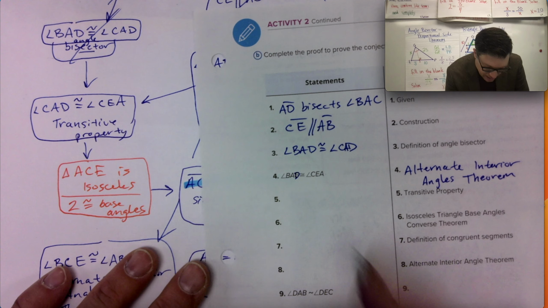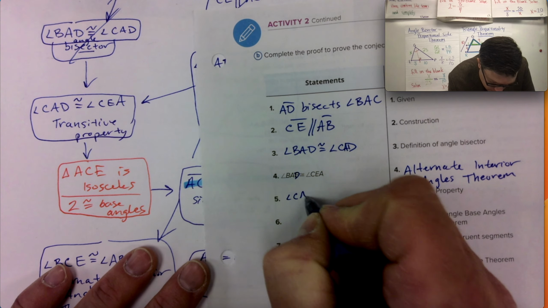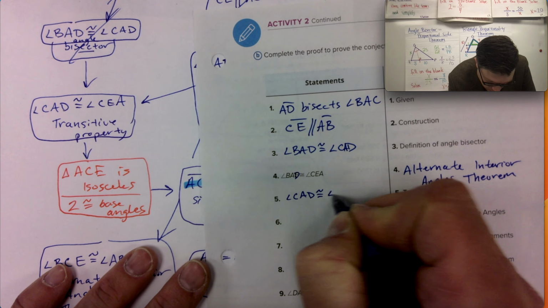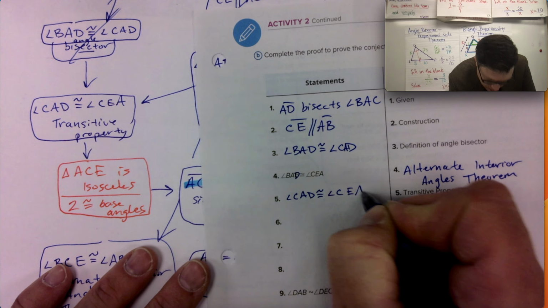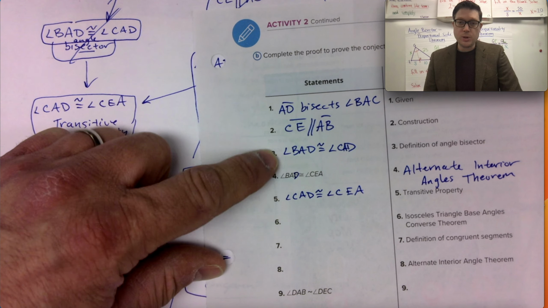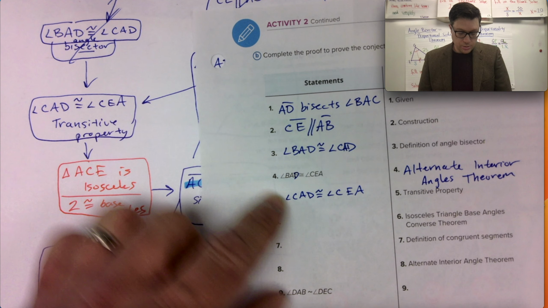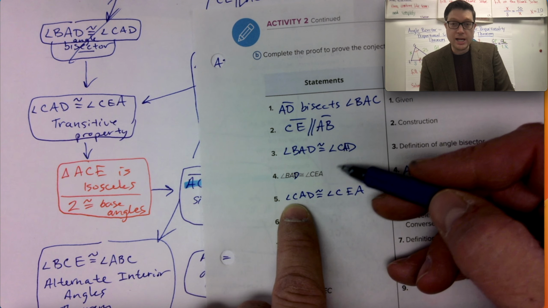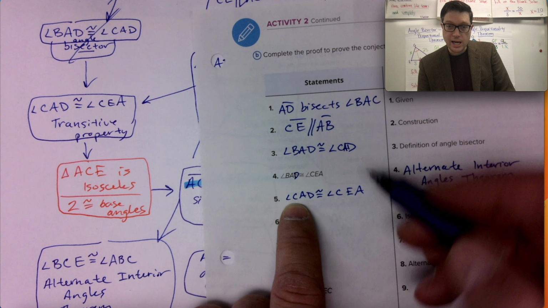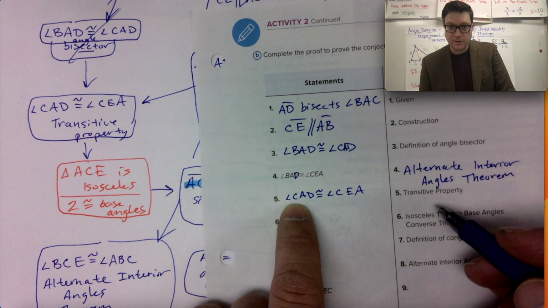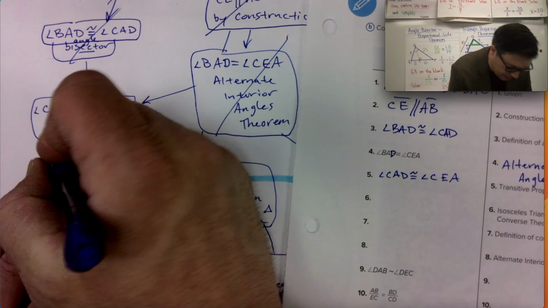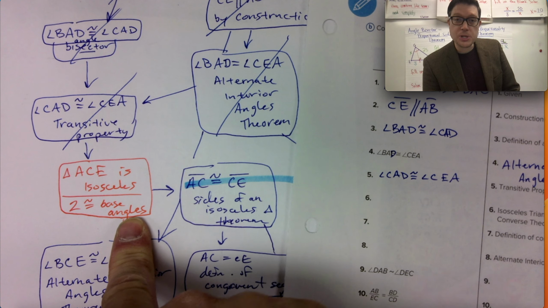So angle CAD is congruent to angle CEA. And the explanation was BAD was in step 3 and step 4. So then replace it with what it equals, CAD and CEA. That'll be step 5 because of transitive property. Now I can cross that one out. Since those angles are equal, they're in one triangle.